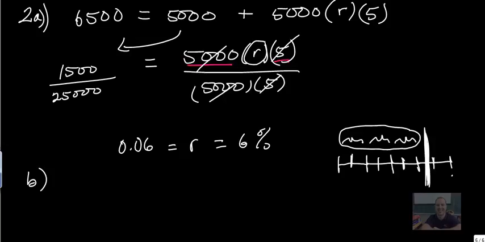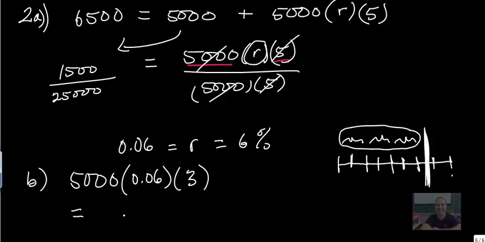So 5,000 bucks times 6% times 3 years. That should be how much money he actually gets. The interest is 900, so he has his original 5,000 plus 900 bucks. That's what he ends up with.